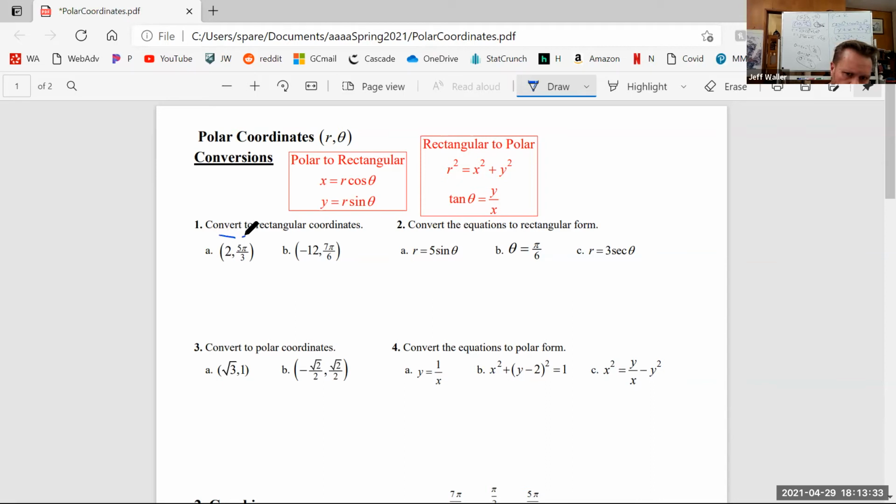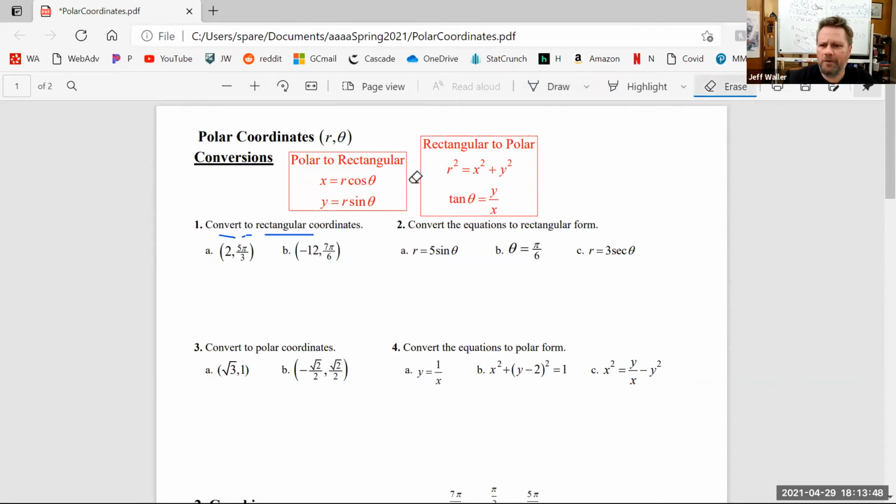Convert to rectangular. If they're in rectangular, then there's no work to do, correct? Are you guys all with me? Convert to rectangular, so they're currently in polar coordinates.